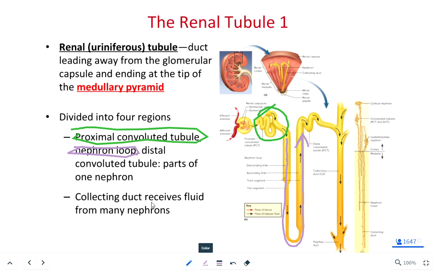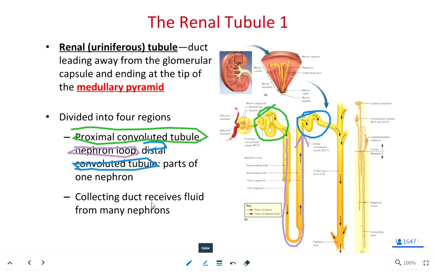The loop of Henle, or nephron loop, is going to go down towards the medulla and then back up towards the cortex again. And then from there, we're going to jump to the distal convoluted tubule. This is the windy, twisty tube that's farther away from the point of attachment, farther away from the glomerulus. Those are the three primary parts of one specific nephron.